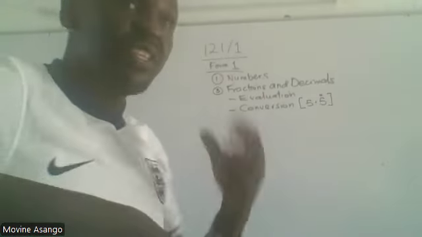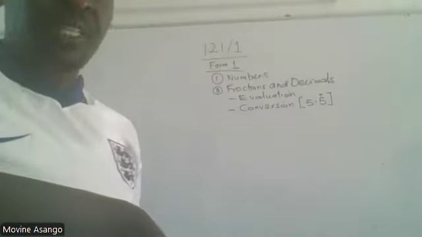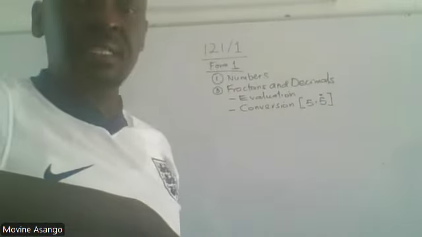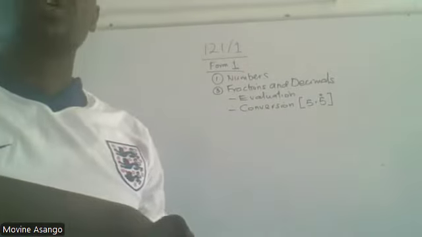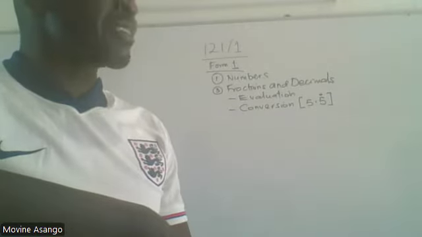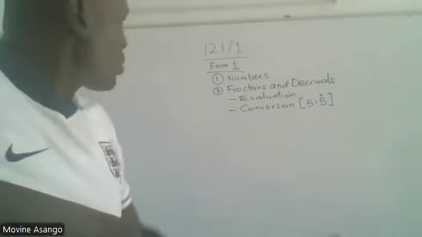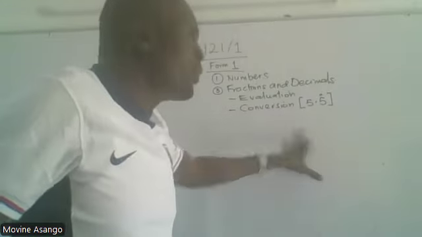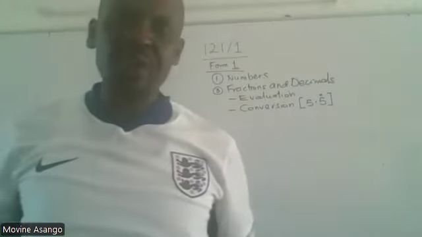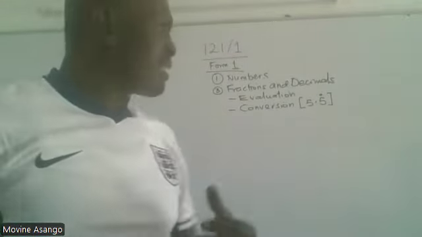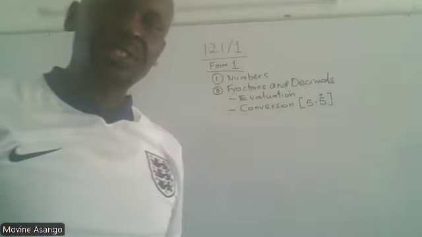Many candidates knew the answer offhand, that the answer is 5 and 5 over 9, but they could not score the 3 marks because there were marks allocated for method. So in conversion, you must also know the correct way of converting decimals into fractions.